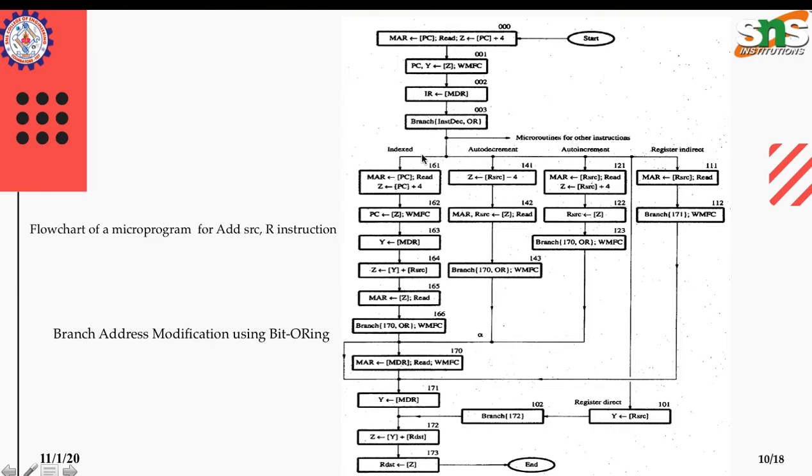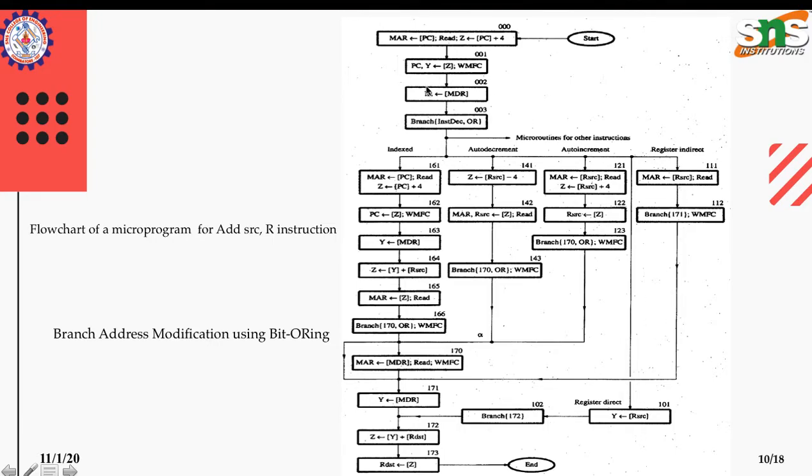So to identify one of the addresses, it should execute either micro instruction 161, 141, 121, 111 or 101.